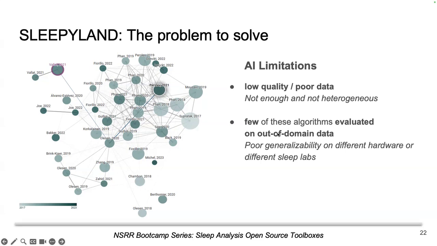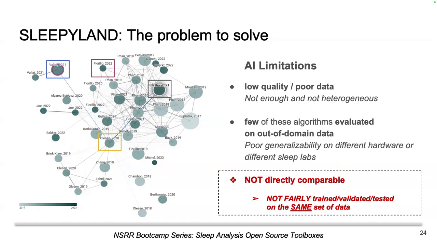And another important thing is that only few of these algorithms have been evaluated on out-of-domain data, resulting in poor generalizability on the different hardwares and different sleep labs. So all these algorithms were not robust on data coming from distributions that the algorithms had never seen.